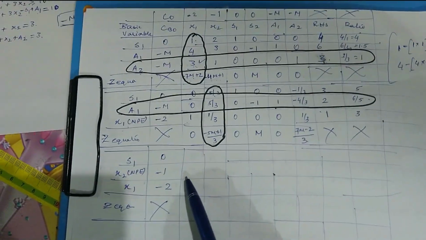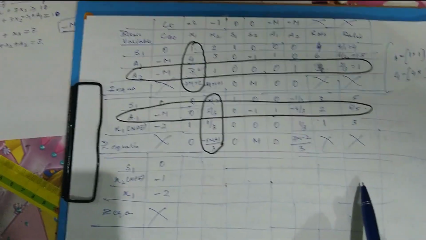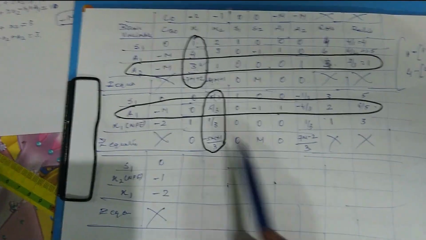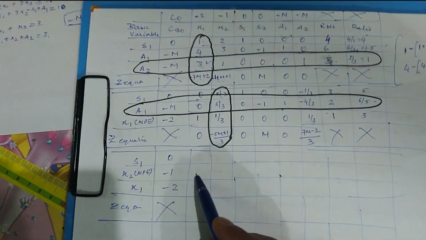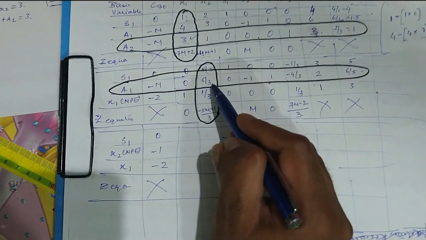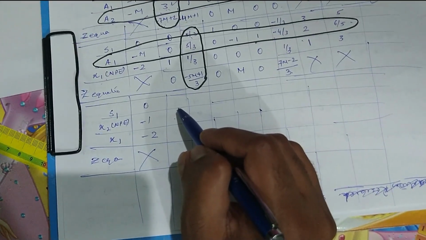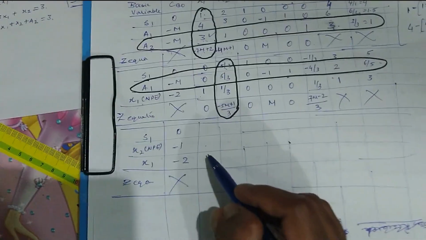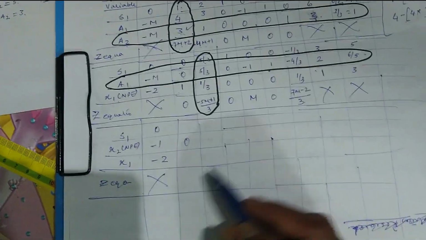So the new pivot element for this third table is calculated as old element divided by the key element. The old element in this position was 0, and the key element is 5 by 3. 0 divided by 5 by 3, I'm going to give a value of 0.